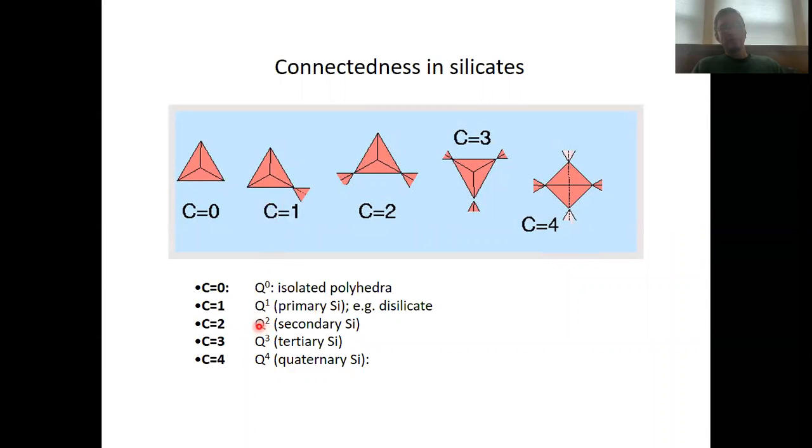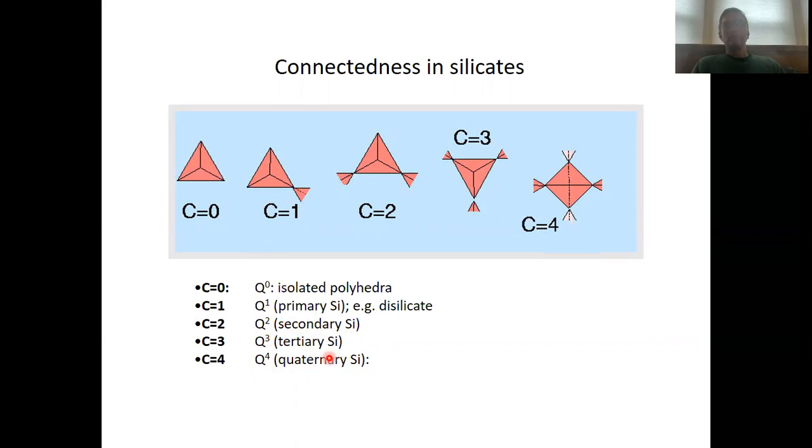When we have a Q2 site, the connectedness is 2, and we have a secondary Si. When we have a Q3 site, we have a tertiary Si. And when we have a Q4 site, we have a quaternary Si.